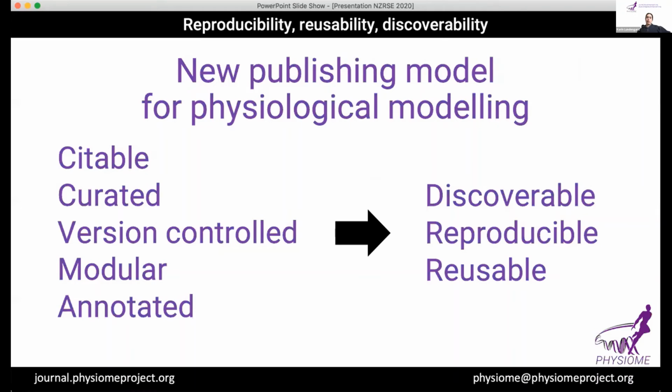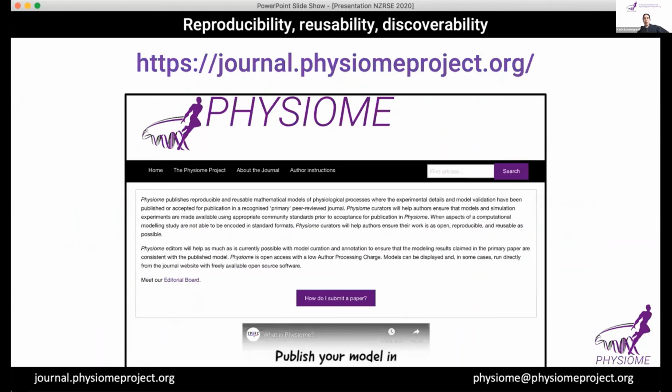When it's curated and version controlled, it's reproducible, which also supports reusability. And we also want to make standards and strategies for increasing modularity and annotation in models. And these 2 are strategies for if you want to combine 2 different models with each other, what standards should we have for that? And all of these will then lead to supporting reusability of the models.